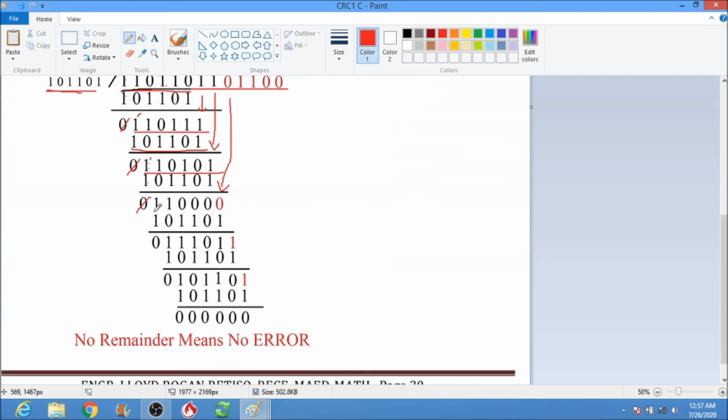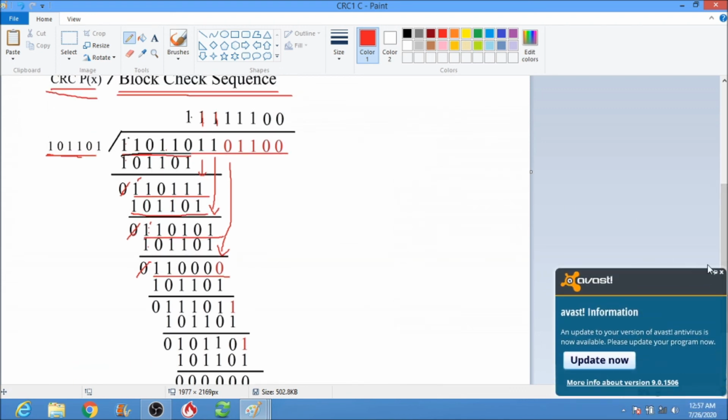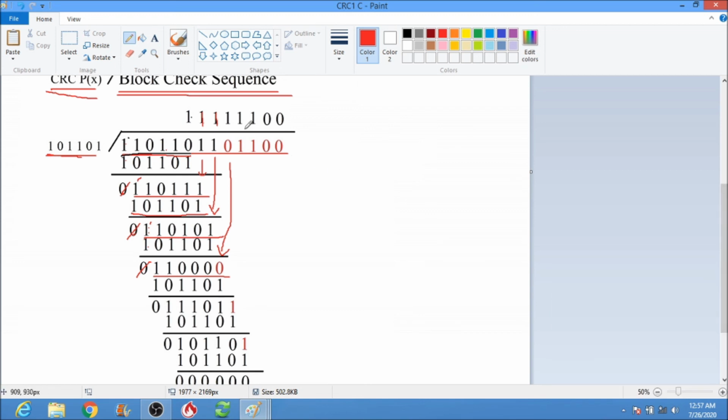So then the fourth dividend will be 1, 1, 0, 0, 0, 0. Of course the most significant bit is 1, so we write there 1.